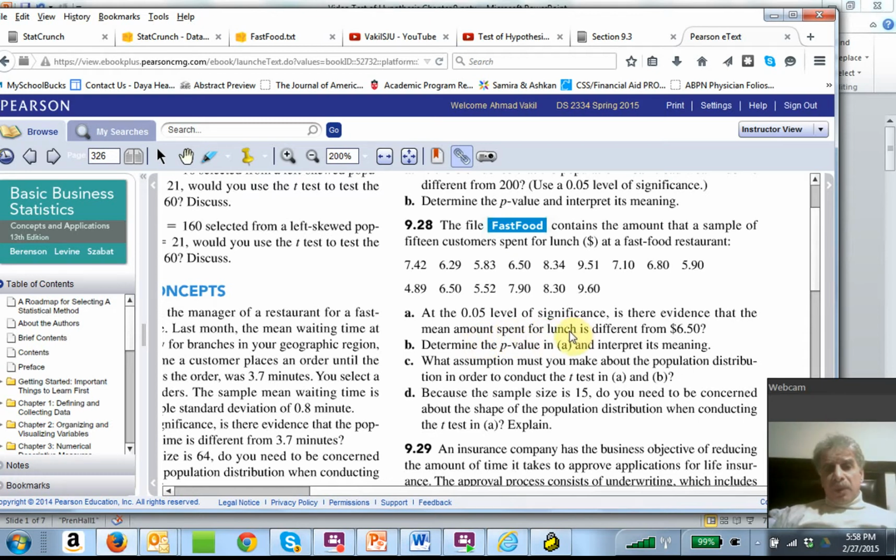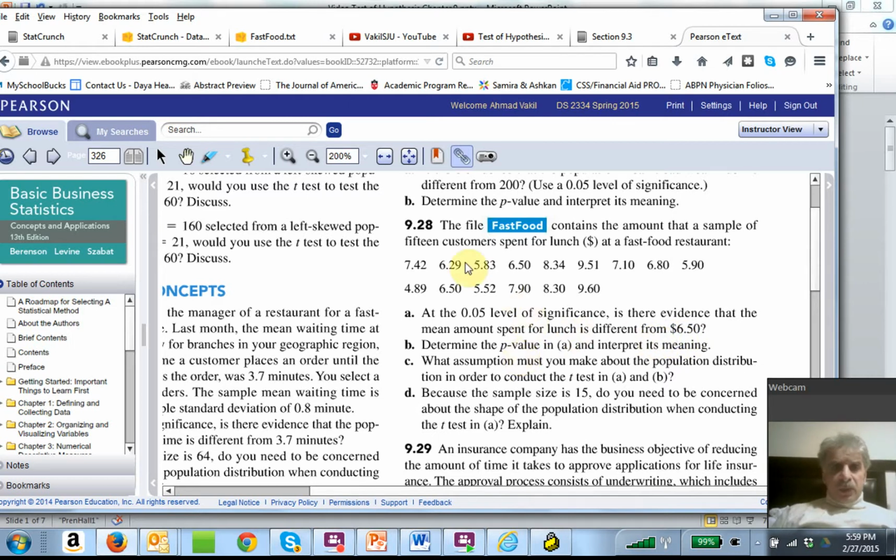If the problem is asking whether something is different from something, or has changed, this wording implies that you need to use a two-tailed test. So here I am reading the first part: is there evidence that the mean amount spent for lunch is different from $6.50? So obviously this is a two-tailed test.